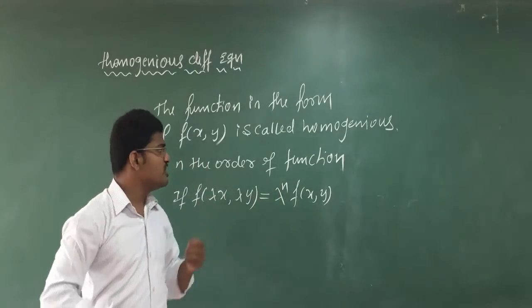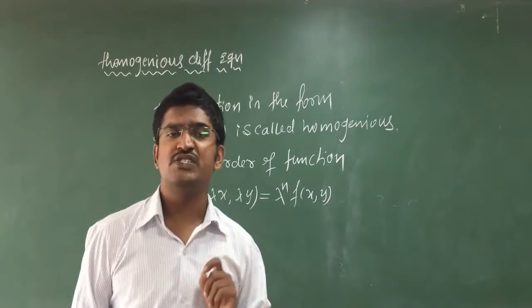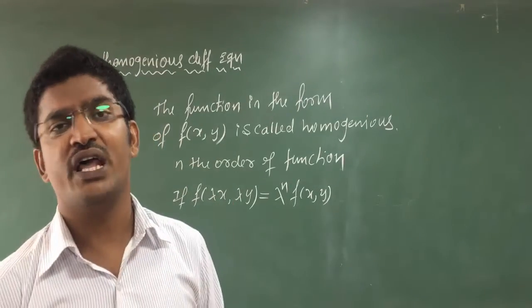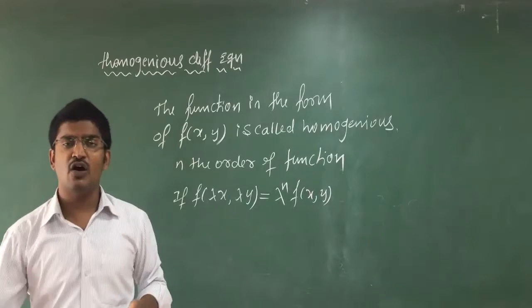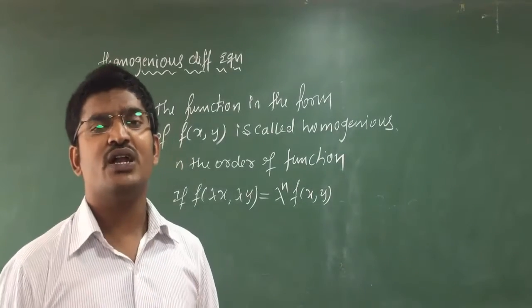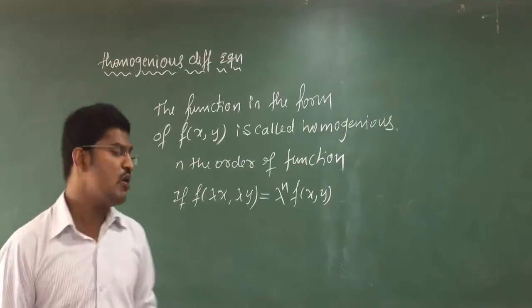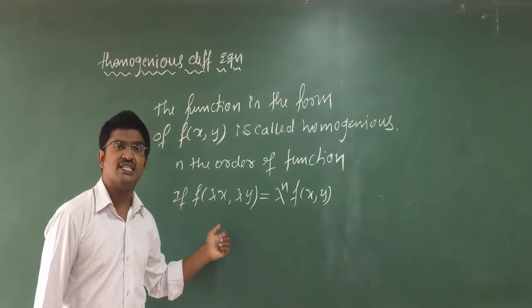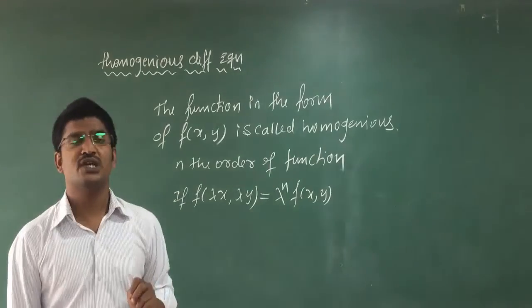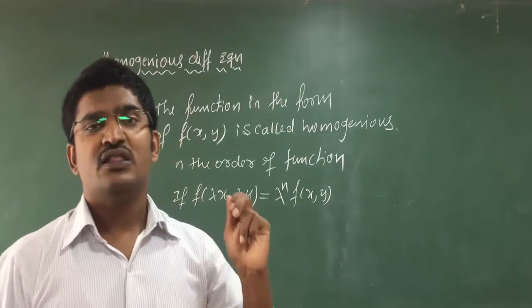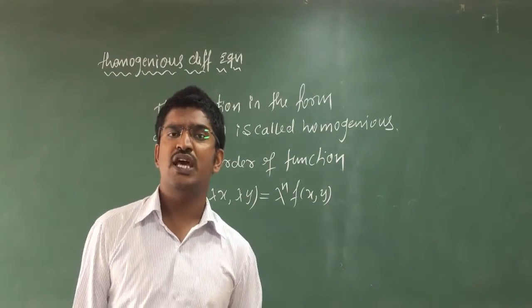In this situation, we call it a homogeneous function of nth order, where you are taking lambda to the power of n as common from f of lambda x comma lambda y. So this is the homogeneous function and the nth order of the homogeneous function.